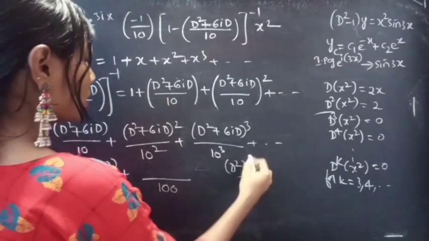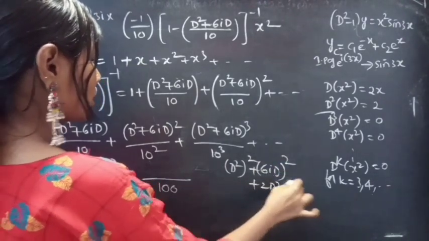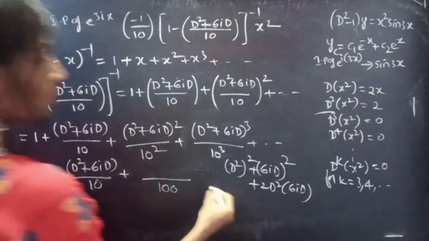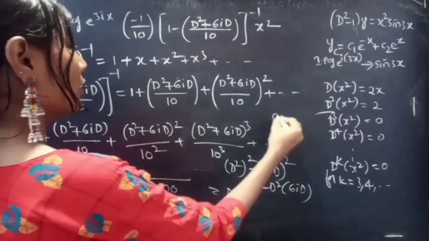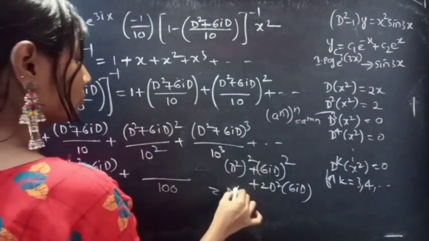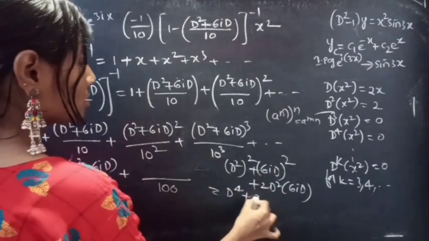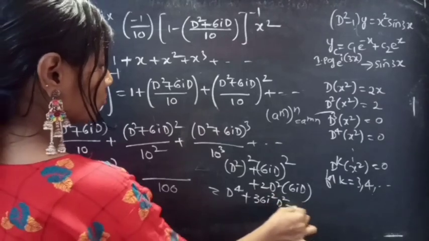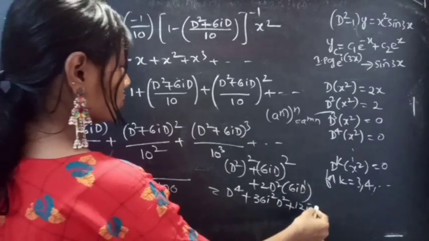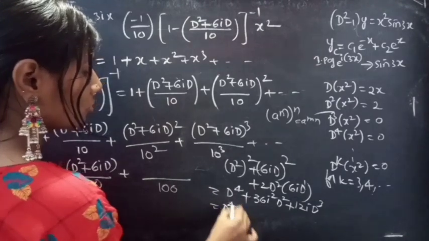This is (d²)² + (6id)² + 2 into d² into 6id. (d²)² is d⁴, since (a^m)^n is a^(m·n). Then (6id)²: 6 squared is 36 into i² into d², plus 2 sixes are 12 i into d² into d, adding the powers 2 plus 1 gives d³.